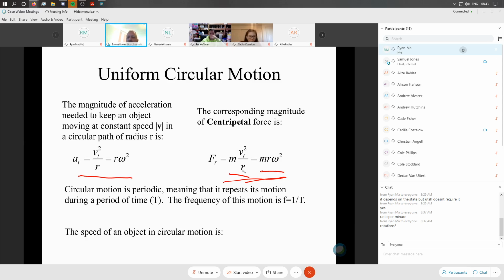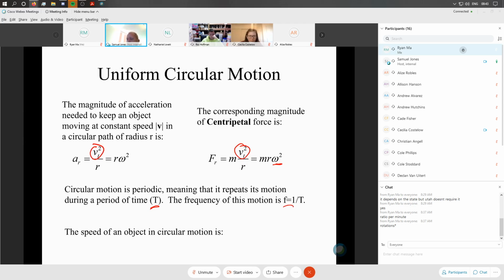Another thing I want to point out before we go into examples is that both of these equations have tangential velocity in them, and often that won't be given to you in the problem. Well, there are ways of finding tangential velocity using other methods. Either we can calculate omega, or if we're given period or frequency, we can use the circumference of a circle.